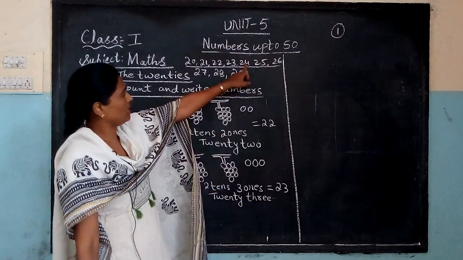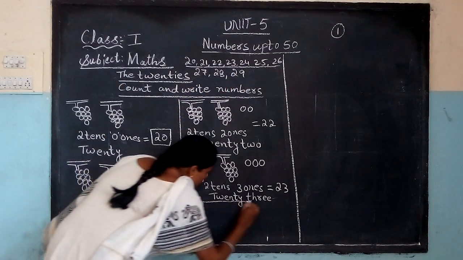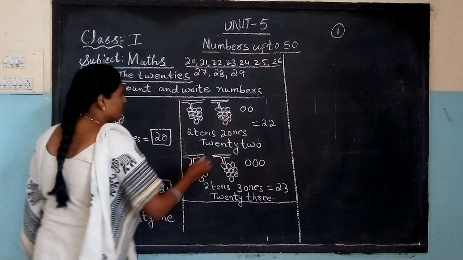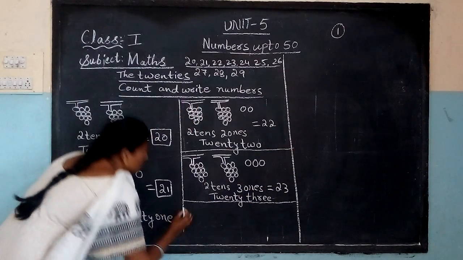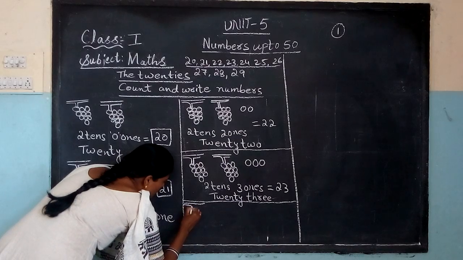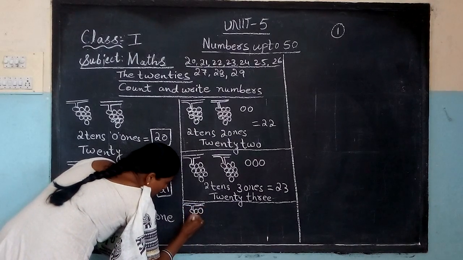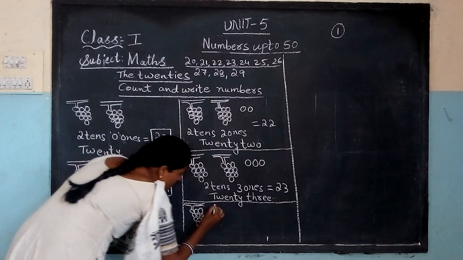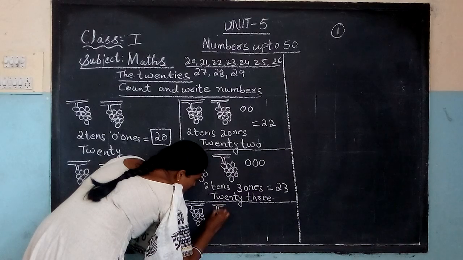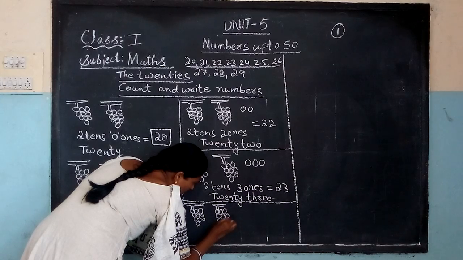Next number, 24. In one bunch, how many grapes will be there? 10. 1, 2, 3, 4, 5, 6, 7, 8, 9, 10. 1, 2, 3, 4, 5, 6, 7, 8, 9, 10.